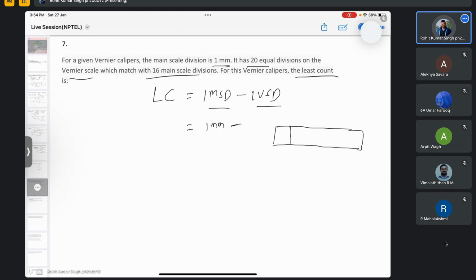Here you have some markings like this, and suppose there are 5 divisions between each marking, and then you have a vernier scale like this, where you have 20 divisions.